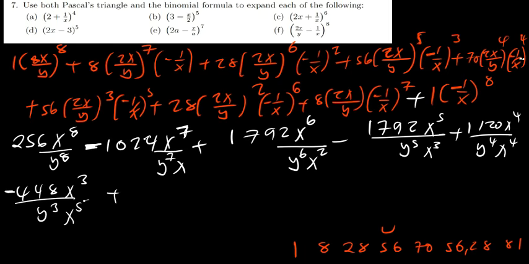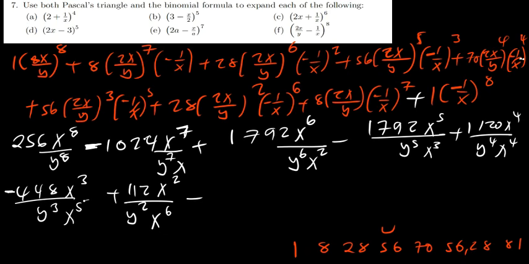So 2 squared is 4, so you have 4 times 28, which is 112. 112 x to the power 2 divided by y squared, then x to the power 6, plus these two end up having 16. So it's going to be negative because it's x to the power 7.